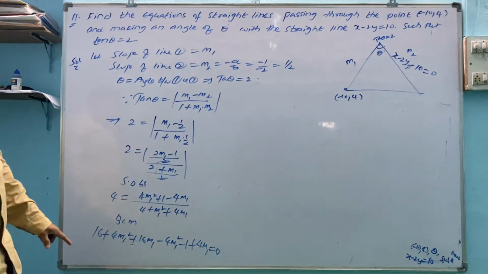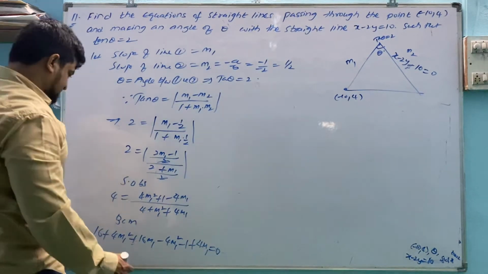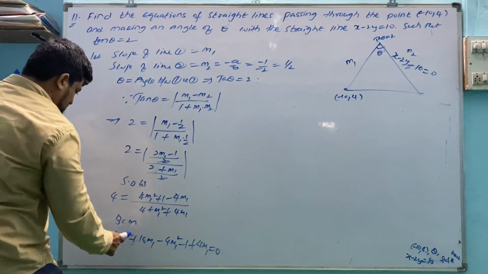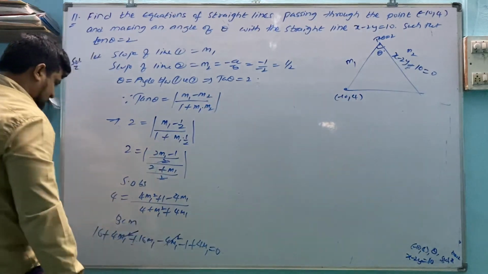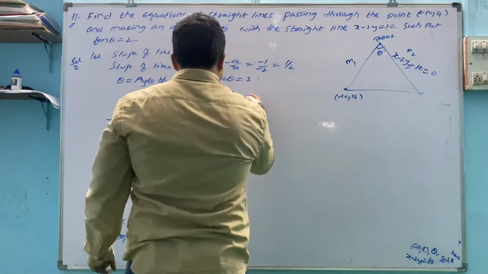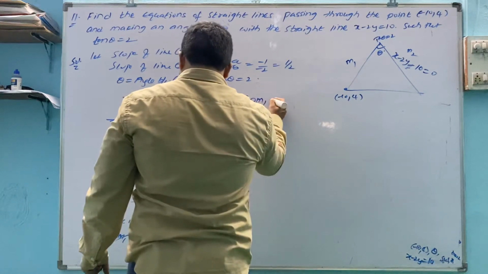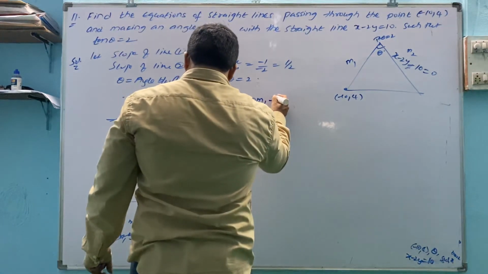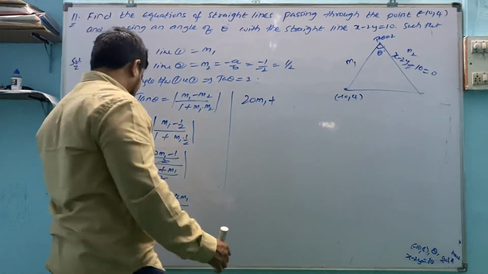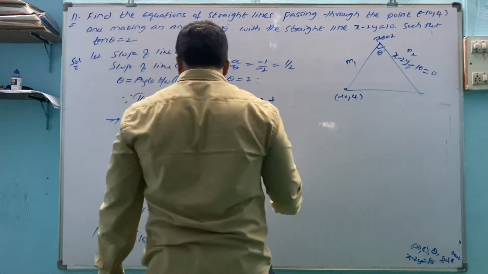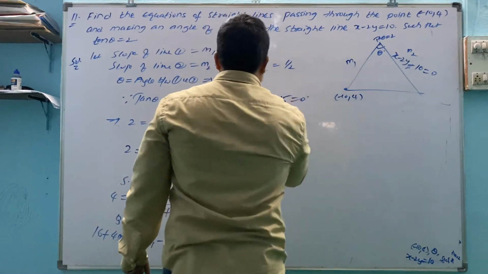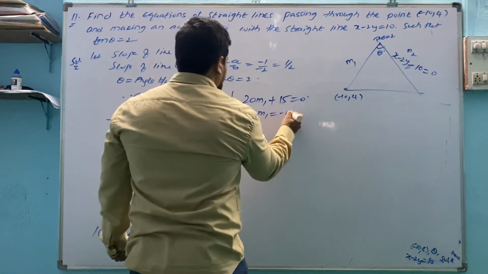How many squares are there? 4 m1 square, 4 m1 square cancelled. 16 m1 plus 4 m1, 20 m1, plus 16 minus 1, 15 equal to 0. 20 m1 is minus 15.